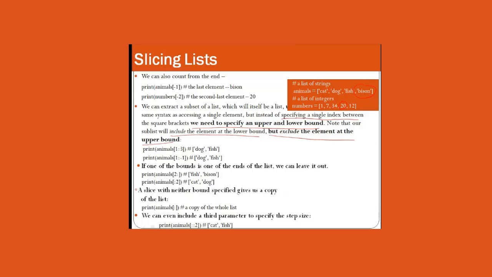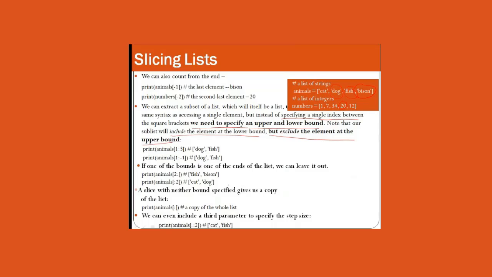So 1 to 3: it will take 1 and 2, and 3 will not be included. So it will display dog and fish.